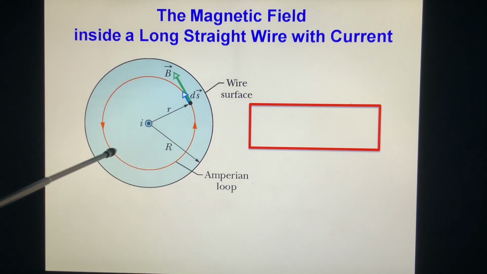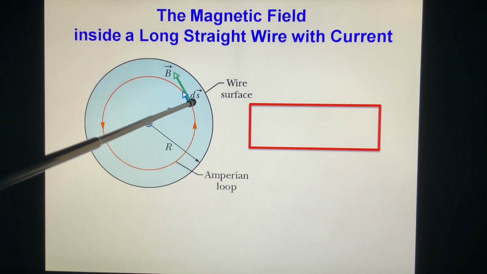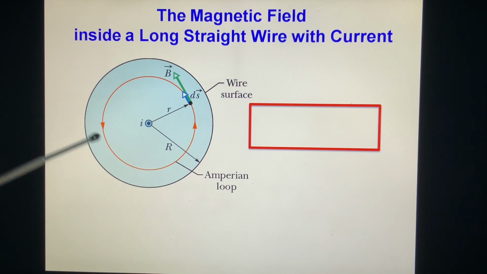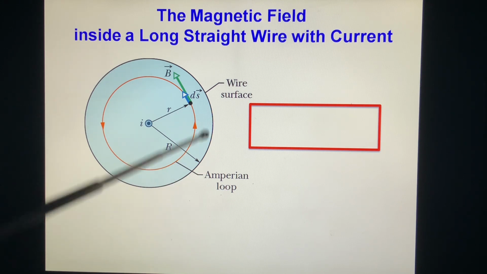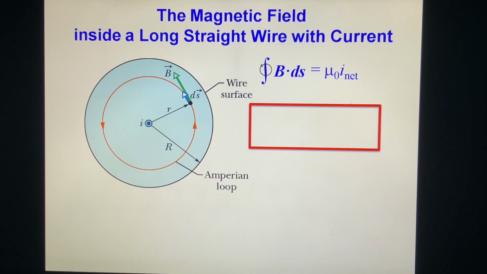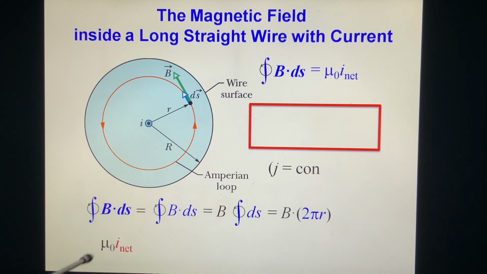Remember that? I want to find the magnetic field B at this location r. What we do is make an Amperian loop. In this case, we suppose counterclockwise is the positive direction, and we use Ampere's law. The question is the I net inside this Amperian loop.